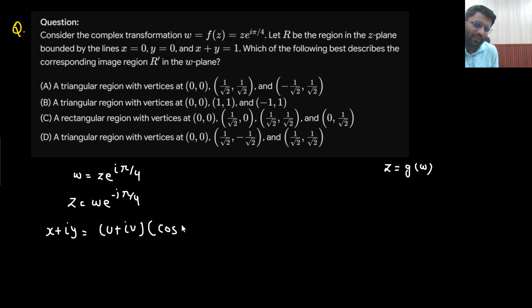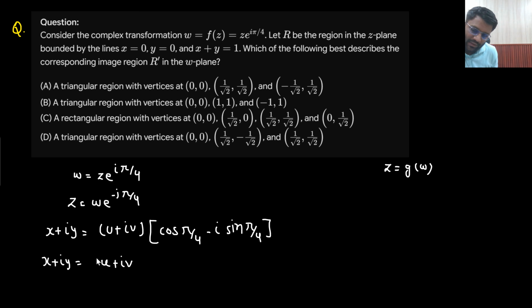That would be cos pi by 4, cos minus pi by 4 basically. In place of iota, you just replace minus iota. So it would be cos pi by 4 minus iota sin pi by 4. So what will be the answer? x plus iota y equals u plus iota v, 1 by under root 2 minus iota 1 by under root 2. So u by under root 2, you need to build the habit.